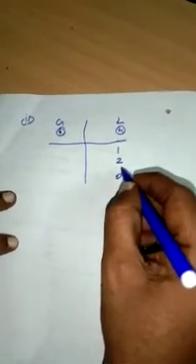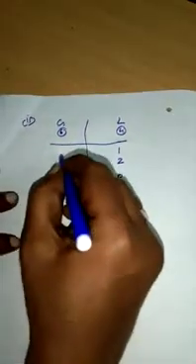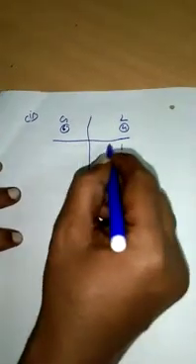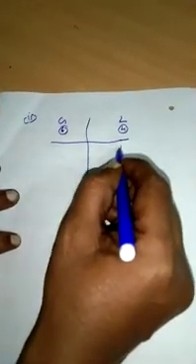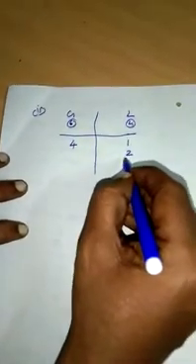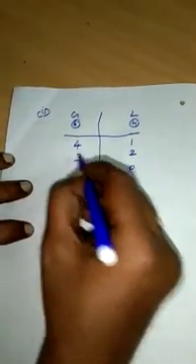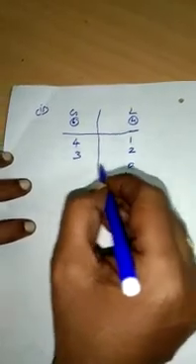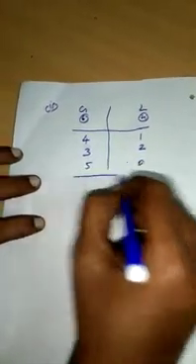At most 2. That is, here total members is 5. 1 lady, then gents is 4. Here 2 ladies means gents 3. Here 0 ladies means gents are 5.